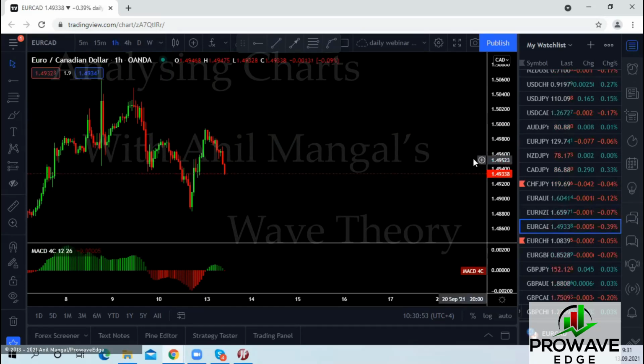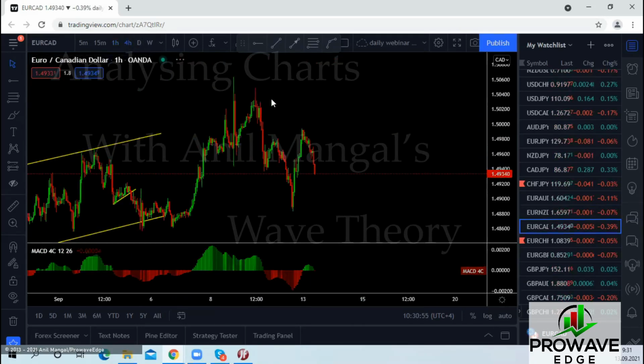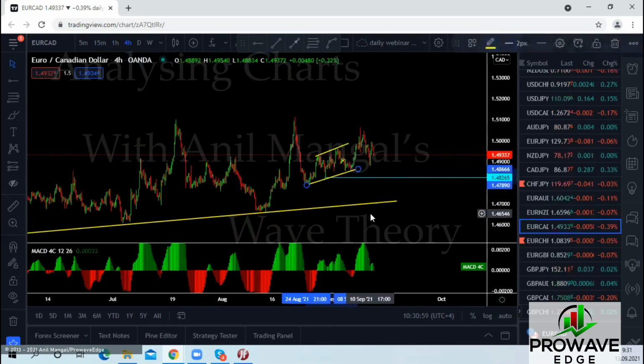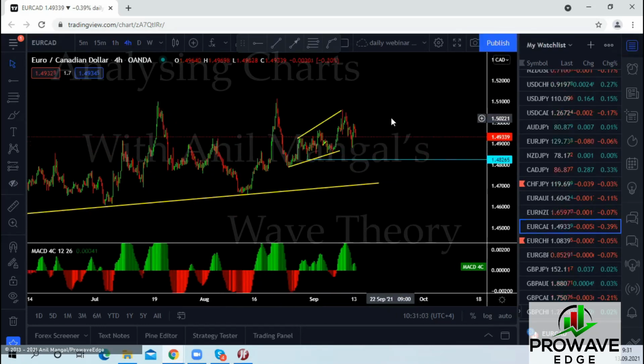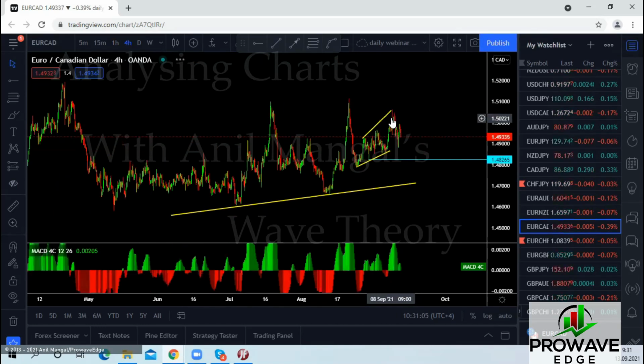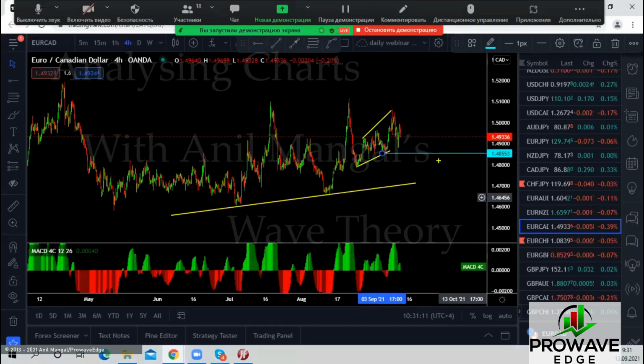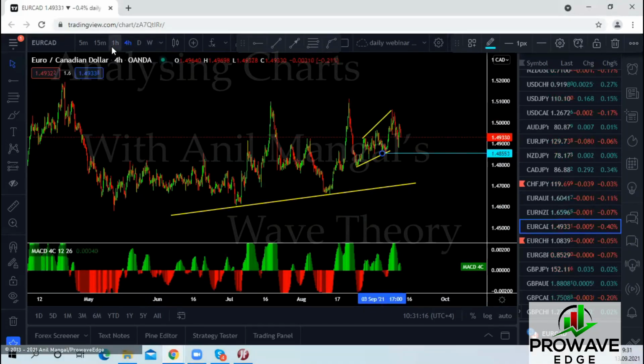Eurocard. This one, you could have upped this one to this level and we can even take it higher. So we're expecting this to break down. Go to the 1 hour.